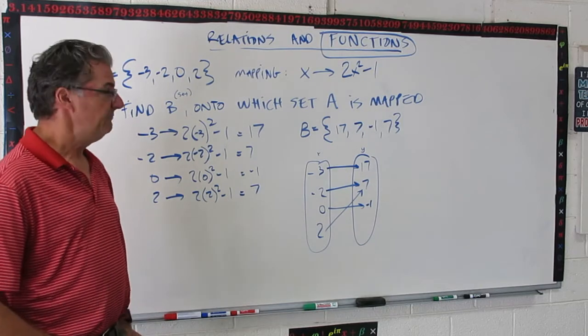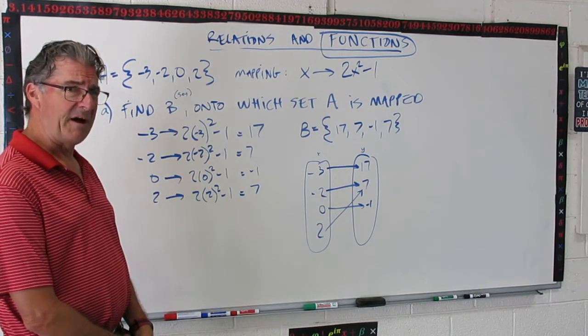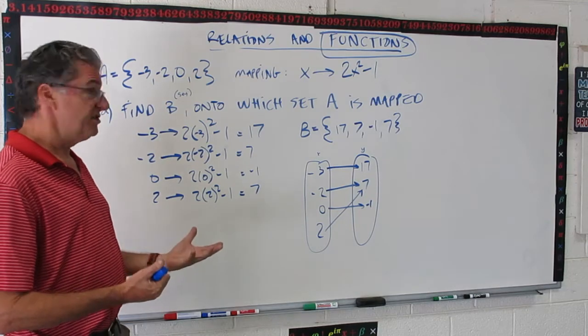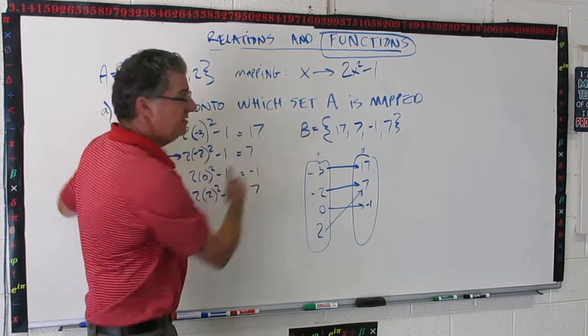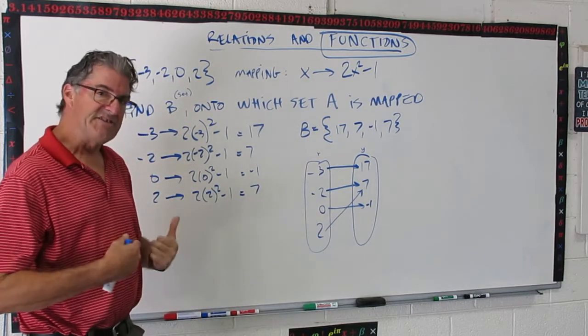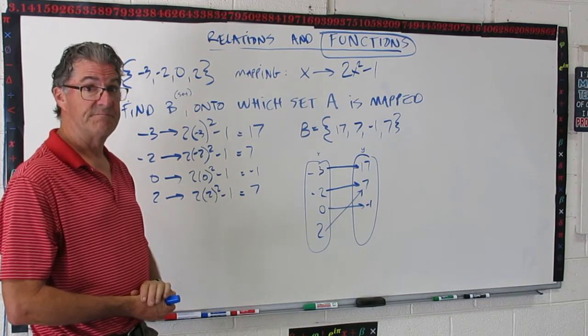Here's my question. Is this a function or not? So pause the video and think about that. It is a relation because we're mapping A's onto B's, A onto B. So it is a relation, but is it a function? Does it follow the definition we did on the last board for a function?